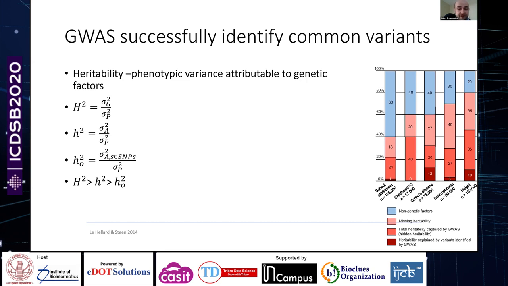In the red color, you see the total heritability captured by GWAS, but still not significant, so to say. And in the salmon or light red color, you have the missing heritability, which is yet to be found. And there, whole genome sequencing can help us.